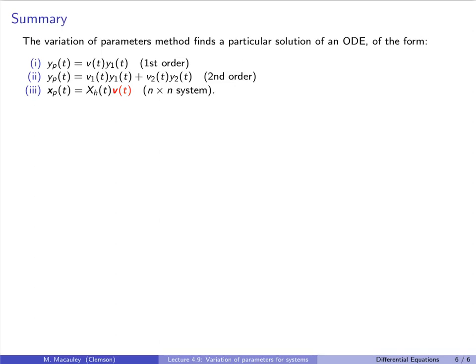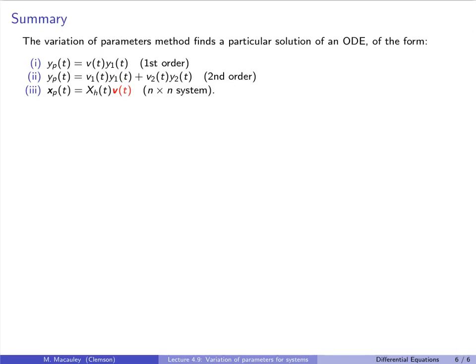The variation of parameters method finds a particular solution of an ODE of the following form, depending on which case we're in. For first order, we find a solution of the form v of t times y1, where y1 solves the homogeneous equation. For the second order, it finds a solution of the form v1 y1 plus v2 y2, where y1 and y2 solve the homogeneous equation.